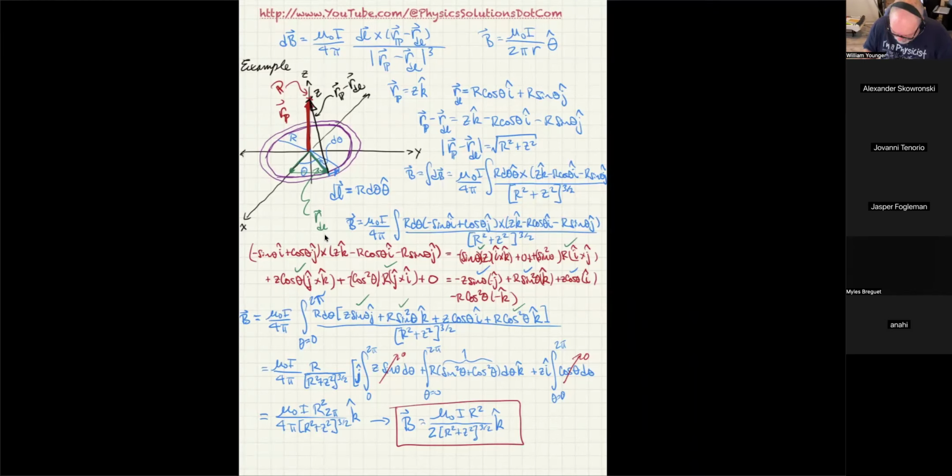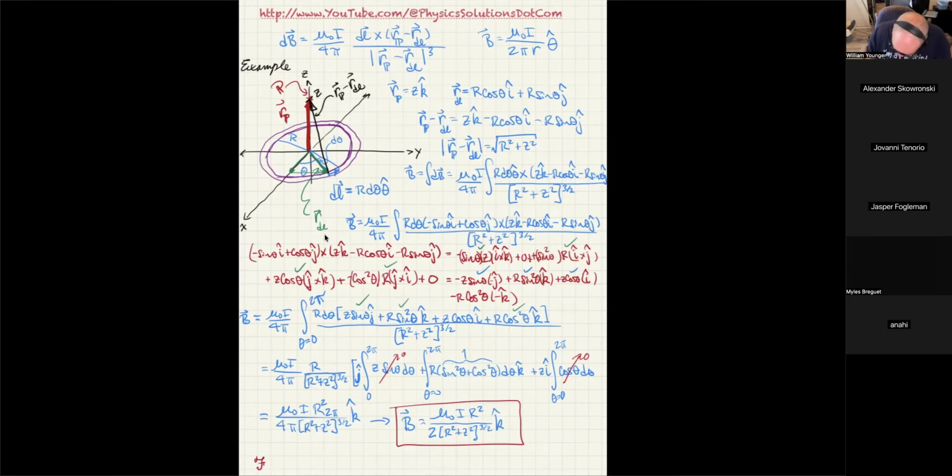Now, something you might notice, and this is kind of interesting, if you perchance considered z equal to 0, so in other words, if you tried to calculate the magnetic field at the center of this loop of wire, but not above it or below it, but dead center right there, you'd get the following.